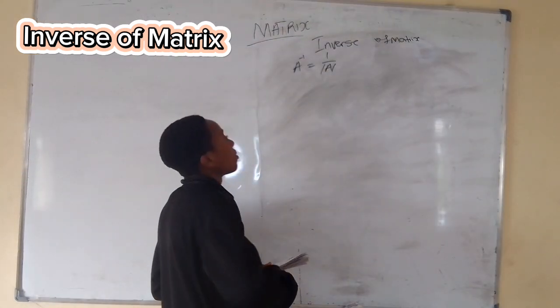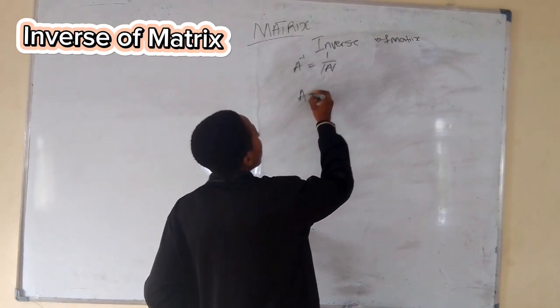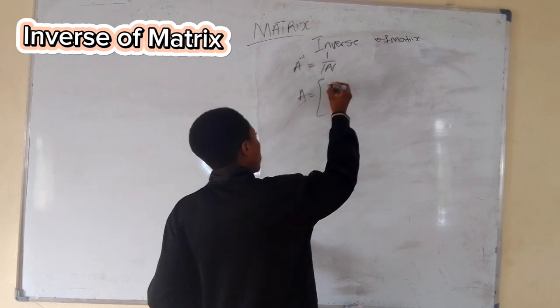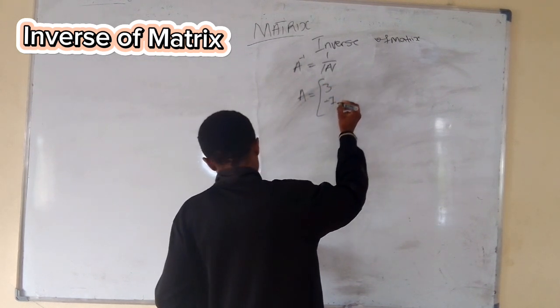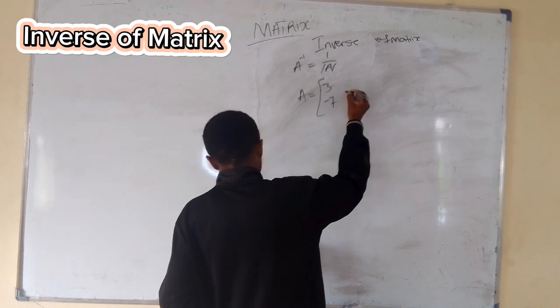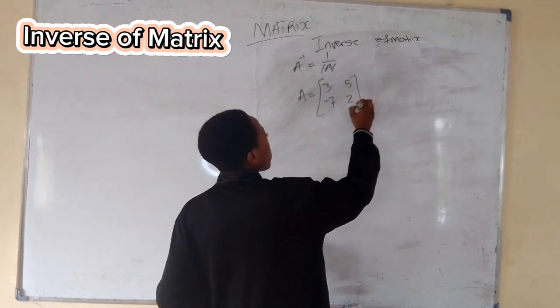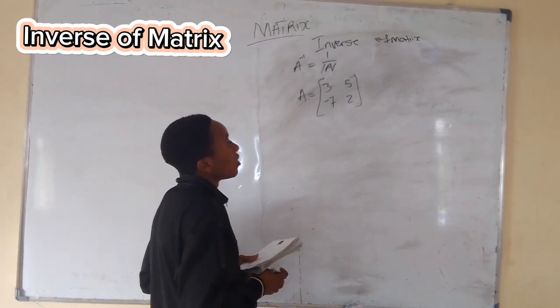So let's say, for example, we have A equals this, and we are asked to find the inverse.